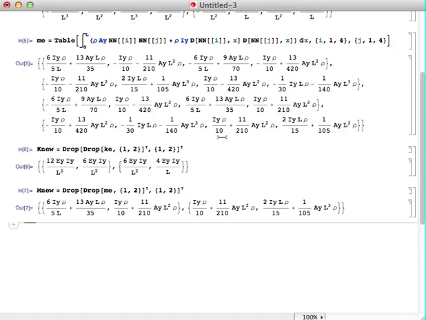Okay, and I guess now is just as good a time as any to apply the boundary conditions. So what I'll do is I'll say A is equal to inverse M nu times K nu, and then I'm going to plug in all those numbers.